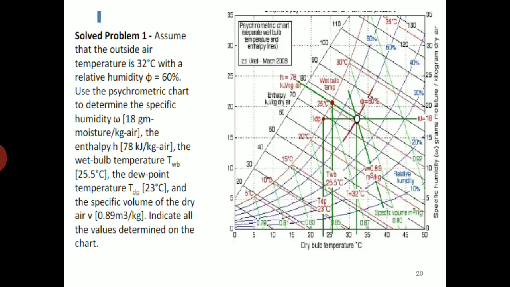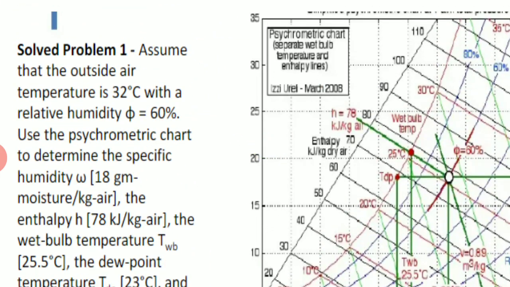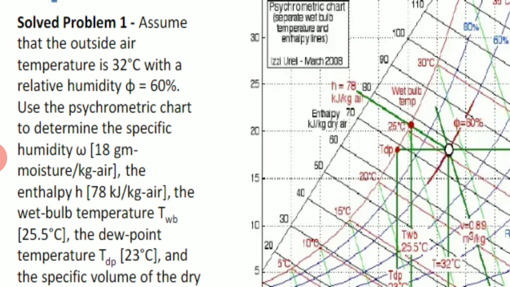Now let us understand in detail while solving the problem. So how exactly can the problem be solved by using the psychrometric chart? The problem says, assume that the outside air temperature is 32 degrees, with relative humidity φ given.